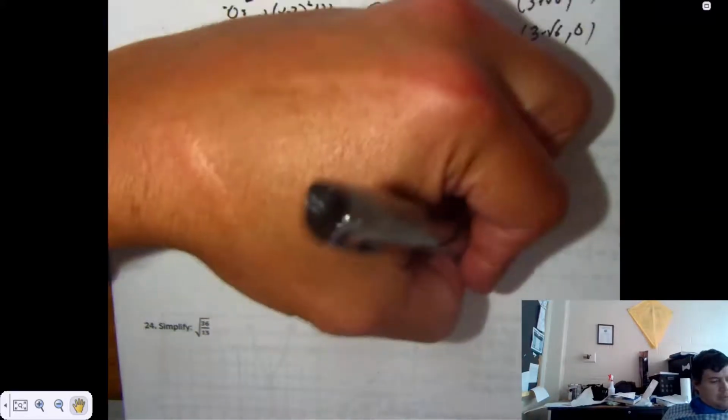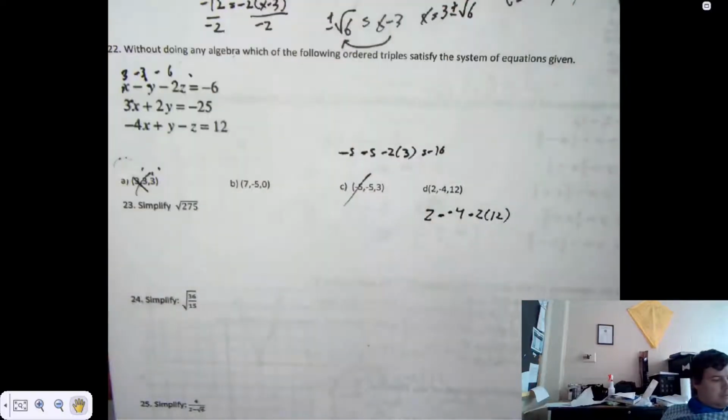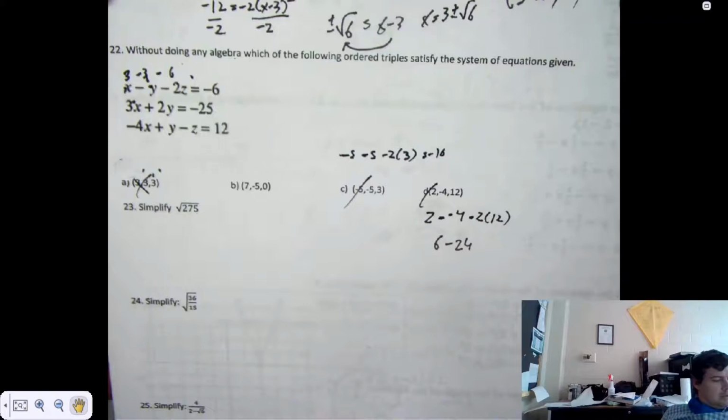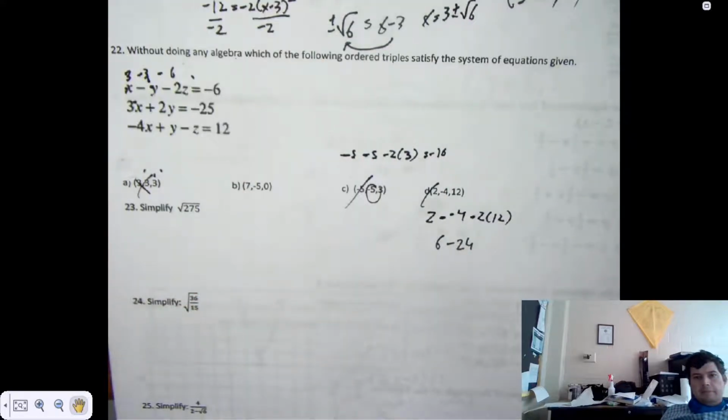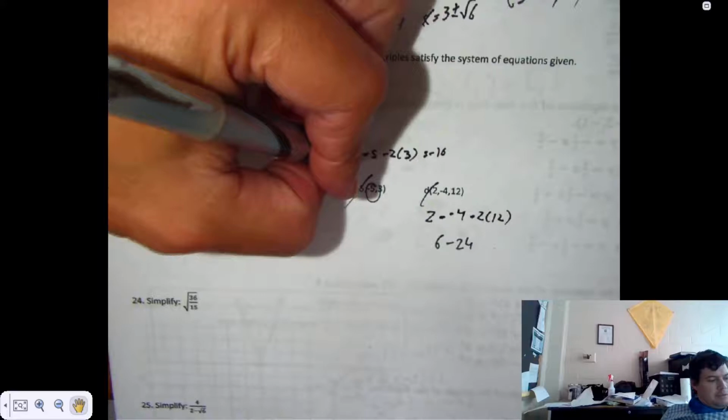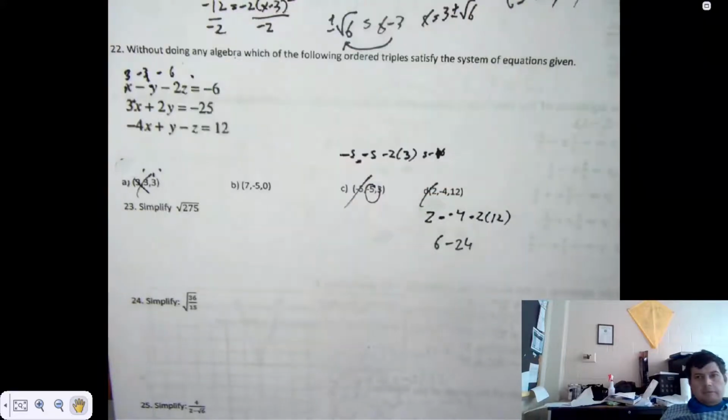If I go to the top equation, I have 2 minus a -4 minus 2 12s. Well, it might be this one. Might not be. That's 6 minus 24. Oh, it's not D either. Well, something's going on here. Oh, I screwed up on C, didn't I? Minus a negative. It was that one.